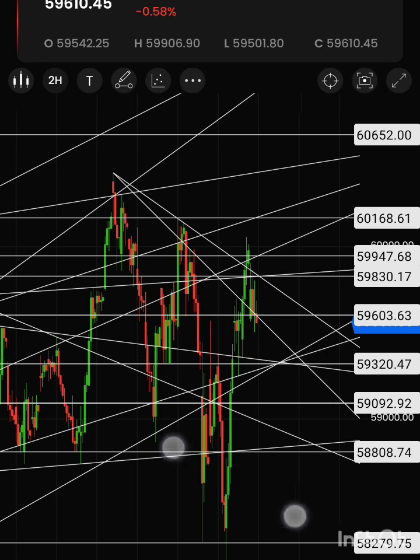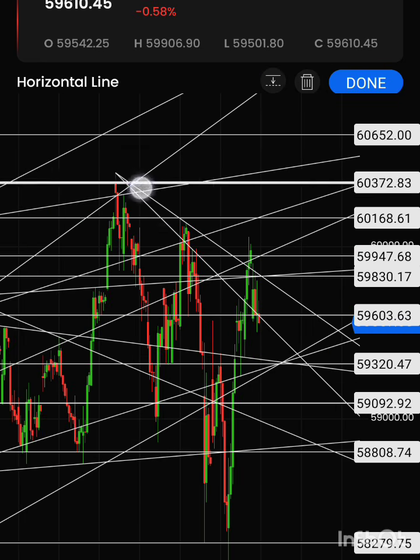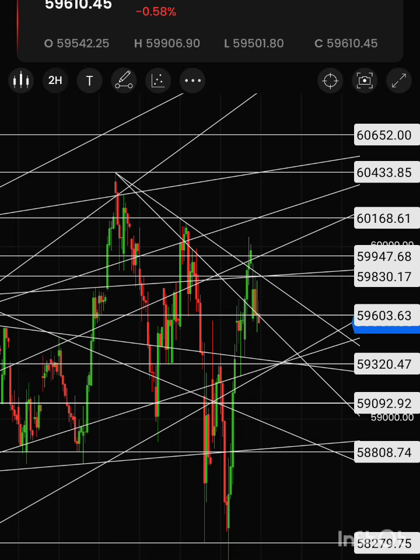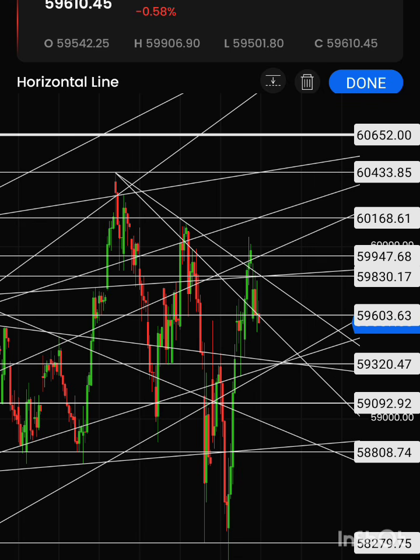This one is coming around here, that is the 60,430 range. Then above this it can move to the 60,650 range. So these are the levels for the upside. That means we need to cross 59,840, then 59,950, then this can move towards the 60,170 range. Above this one, mostly we will have a big upside movement.